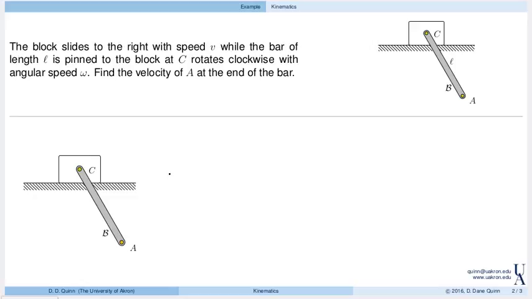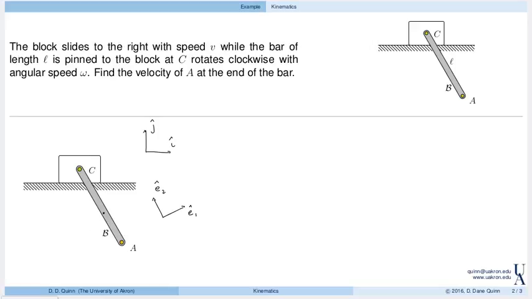So, looking at this, we need to start off and define coordinates and directions. The directions we'll use will be I and J, fixed in the ground, horizontal and vertical, which is along the surface and perpendicular. And then, in addition, we'll define directions E1 and E2 as fixed in the bar.